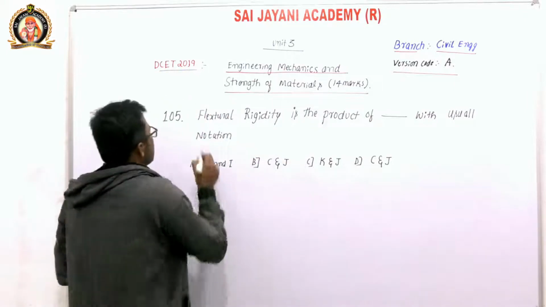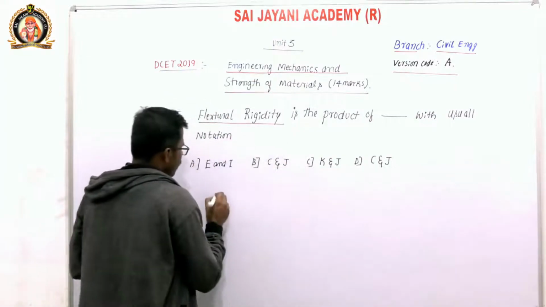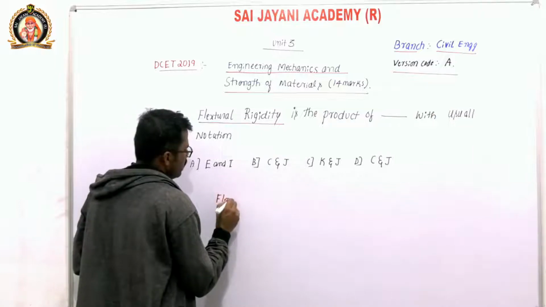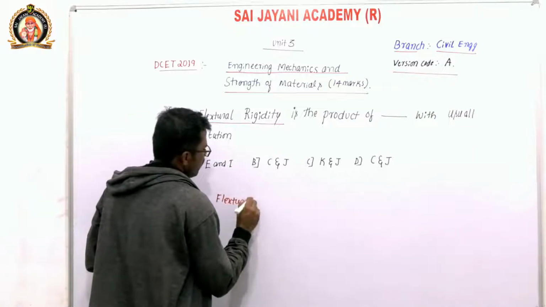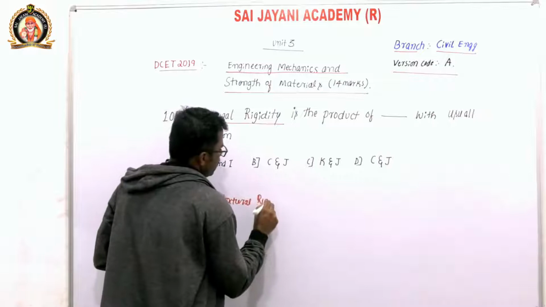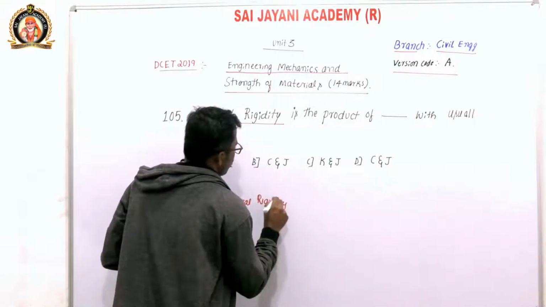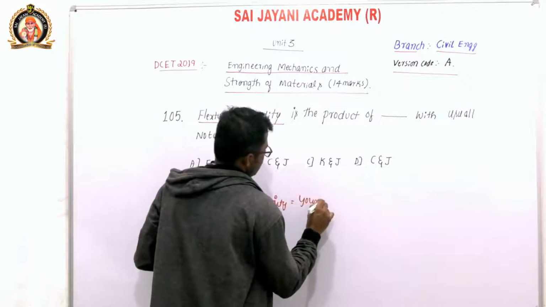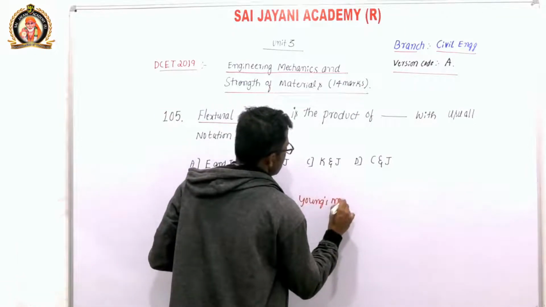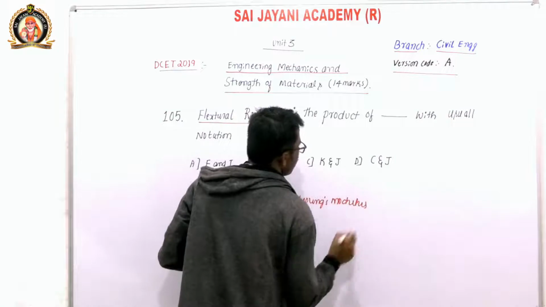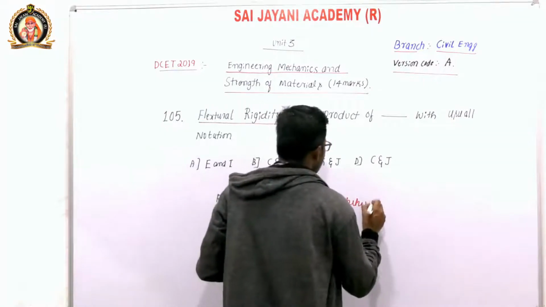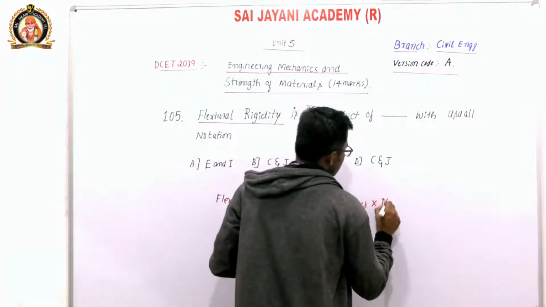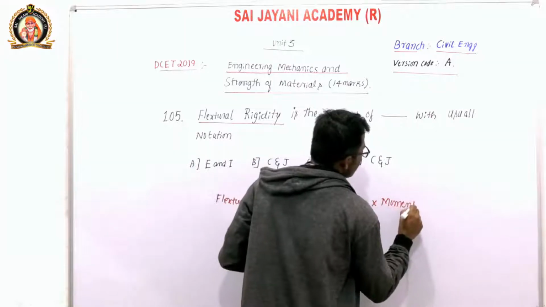So flexural rigidity. We know that flexural rigidity is the product of Young's modulus or modulus of elasticity and moment of inertia.